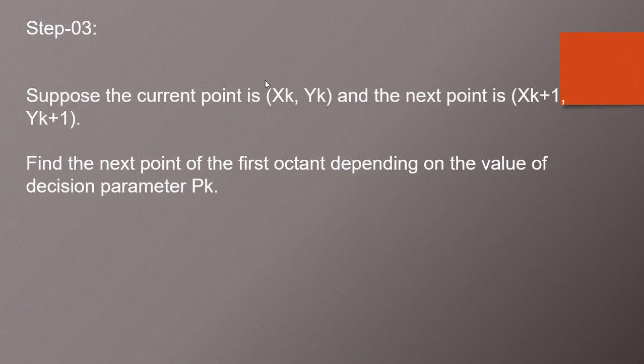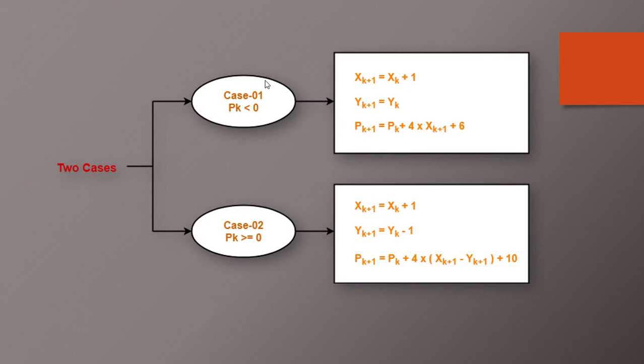Now in step 3, suppose the current point is xk, yk and the next point is xk plus 1, yk plus 1. We need to find the next point of the first octant depending on the value of the decision parameter pk. On the basis of the decision parameter, there are two cases.